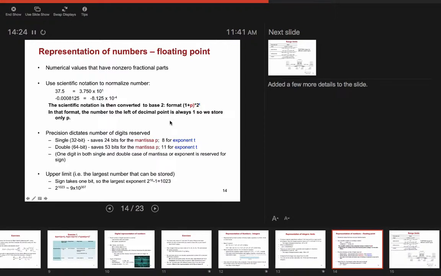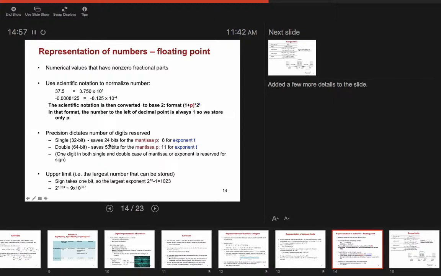And if I had 32 bits to store, I will use 24 of them for this p and 8 for the exponent t by agreement. And if I had 64 bits to store the number, which is what is reserved if you don't say anything in Python, everything is interpreted as a real number in so-called double precision.